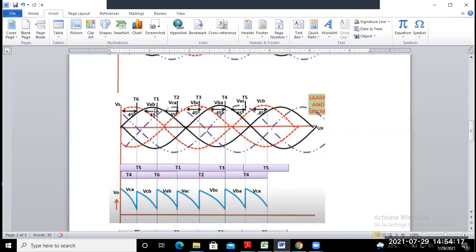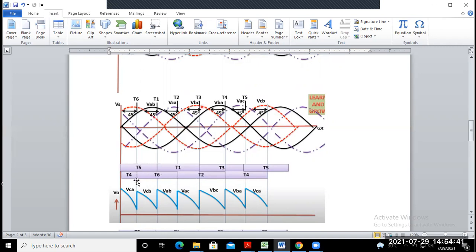And at the delay of 45 degrees, you provide the gate pulse to thyristor 1. So thyristor 1 conduction starts from this point to this point. Okay. And similarly for T6, T2 and T4. So we can draw the output voltage corresponding to this.